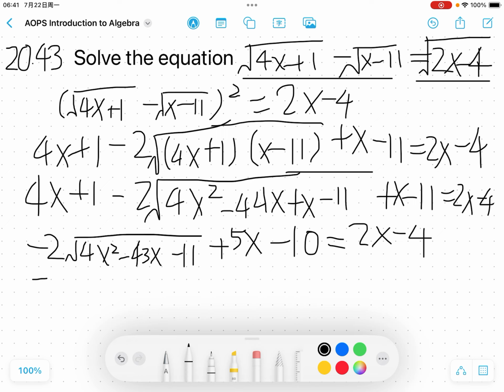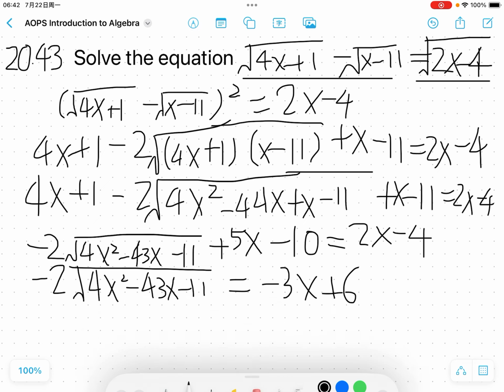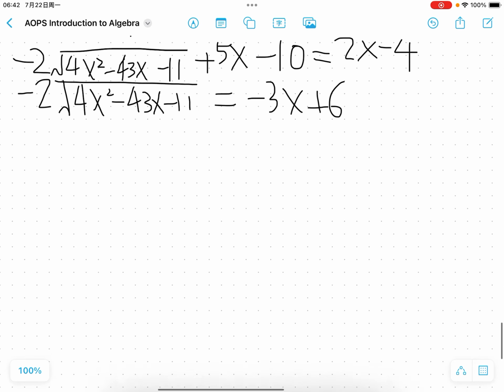If we move these to the other side and leave the square root here, then we have 2x minus 5x, that's negative 3x. Negative 4 plus 10 is plus 6. So we have this equation here.